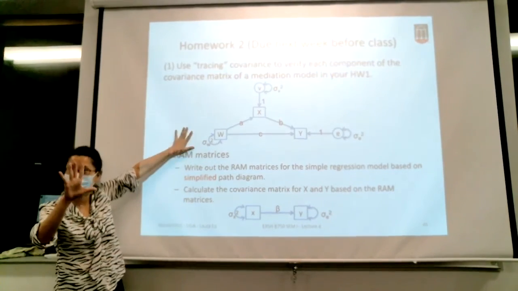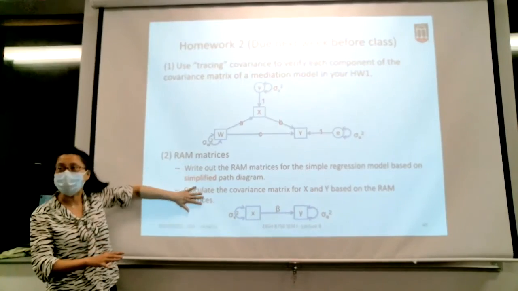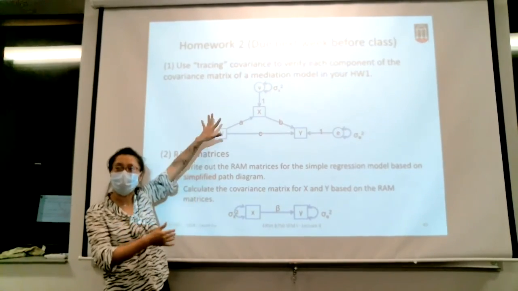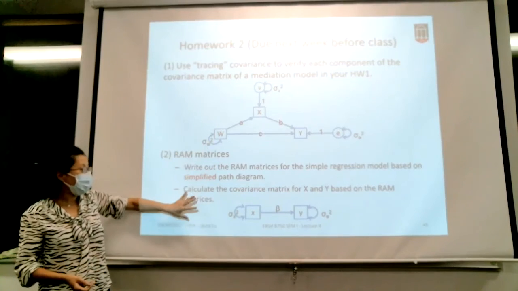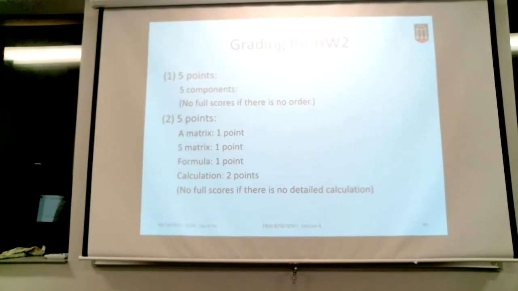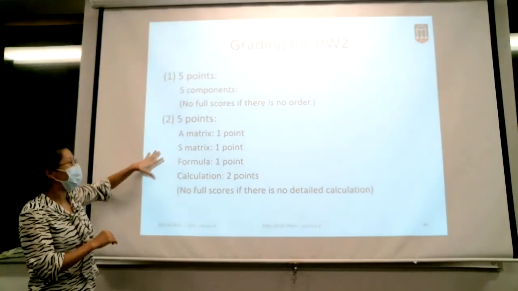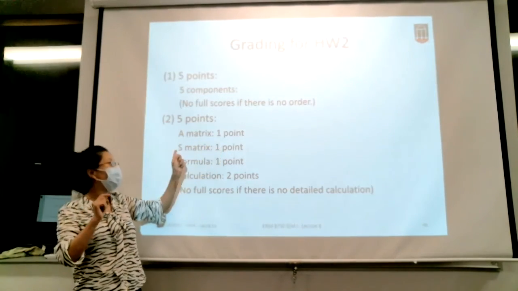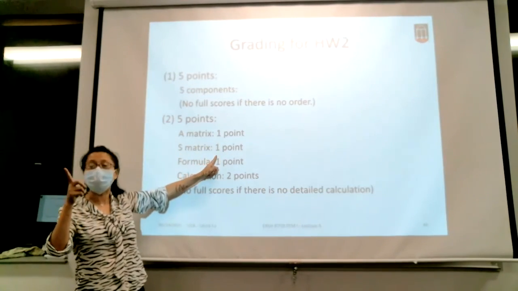5 points here, 5 points here. Here we have 5 components, so each component is 1 point. And here, also you have 5 points. If you give me the correct A matrix, 1 point. If you give me a correct S matrix, 1 point.